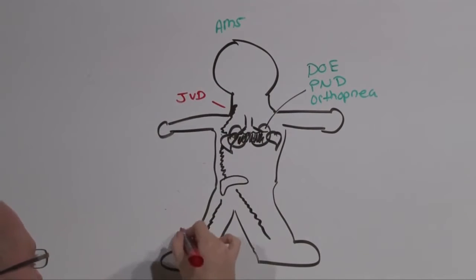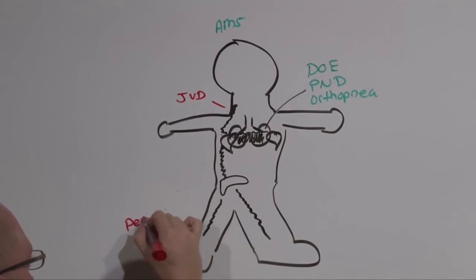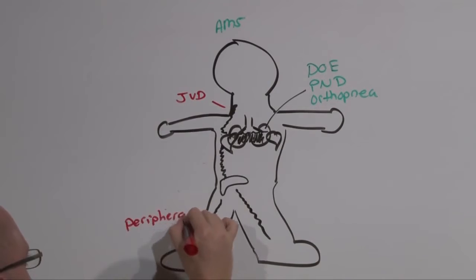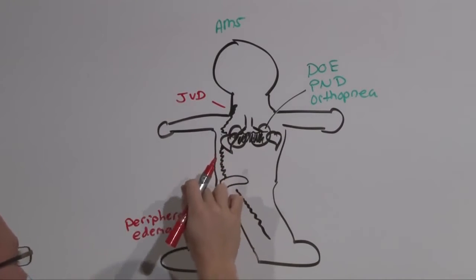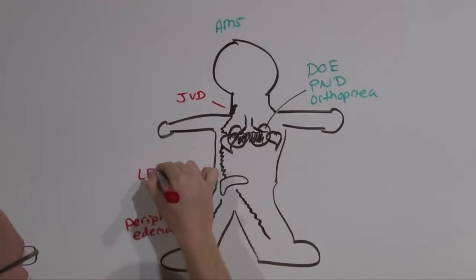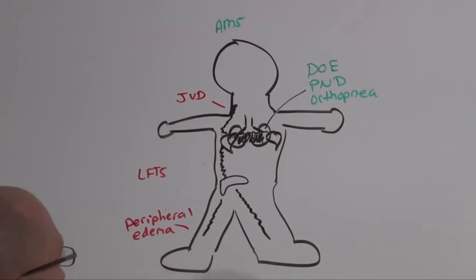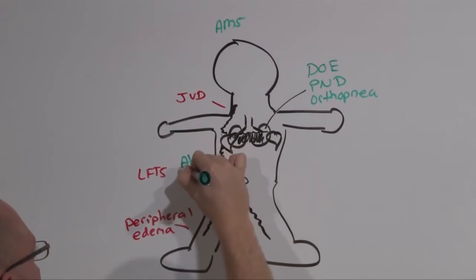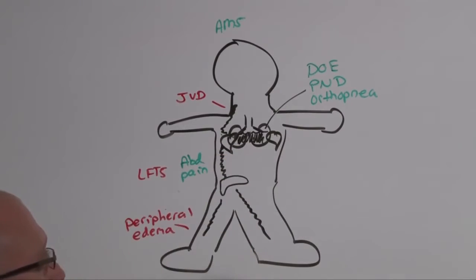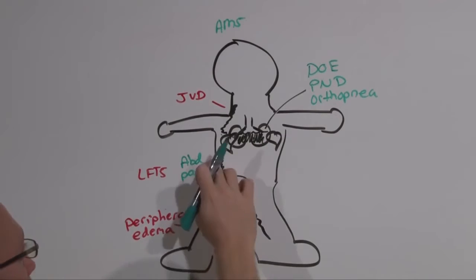You're going to see peripheral edema. You're going to see a congestive hepatopathy on LFTs in your labs, and the patient is going to feel abdominal pain. This is a cause of abdominal pain that people usually miss. If your bowel is full and edematous, it's full of fluid, it's going to hurt. And it may even cause malabsorption.